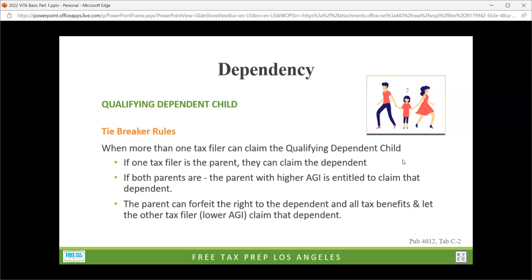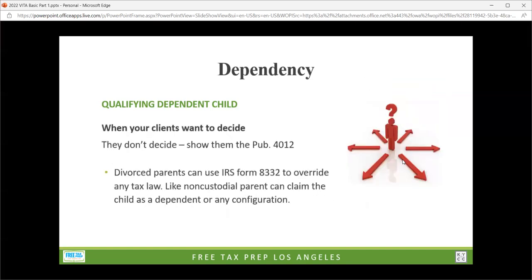So many things could happen when people want to claim a dependent. When clients don't know what to do, you can show them Publication 4012, or maybe they can speak to a lawyer, or maybe they can do other things.